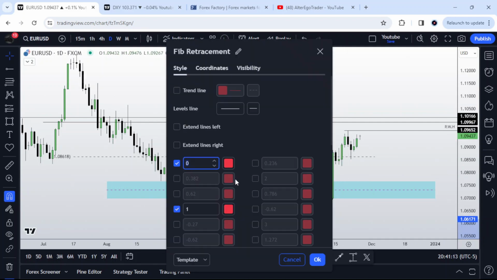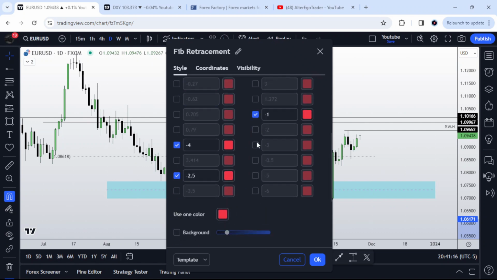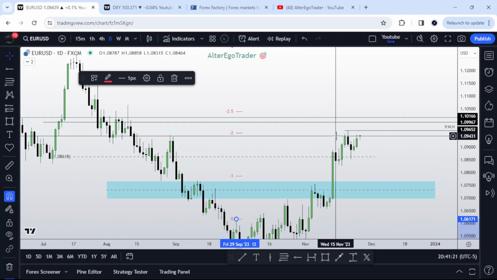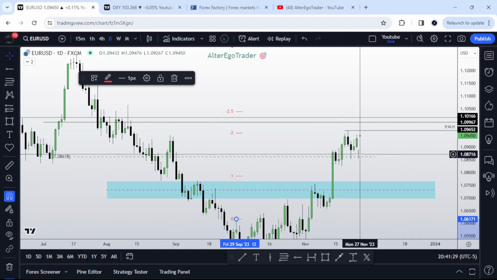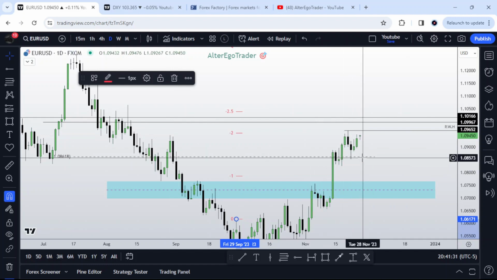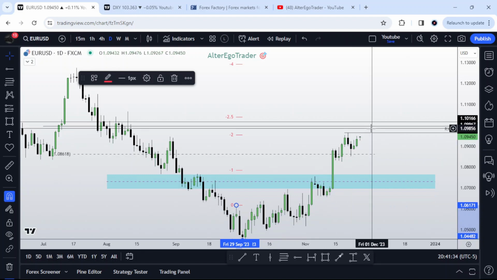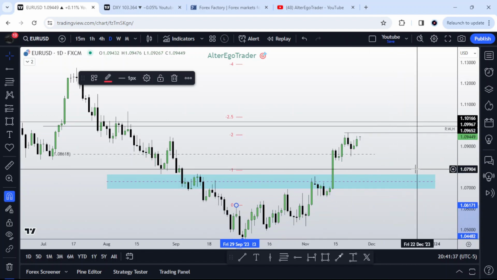Just mark out two. So two falls right there, runs the stops, retraces into this other block, down into equilibrium, continuation higher, right?